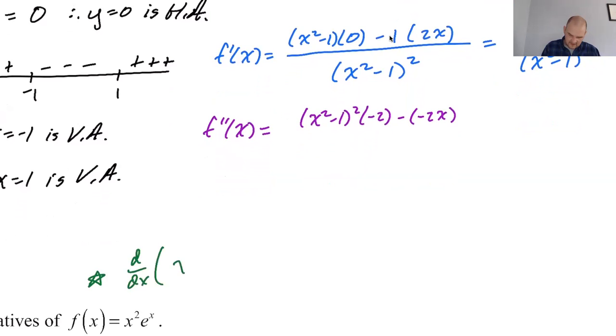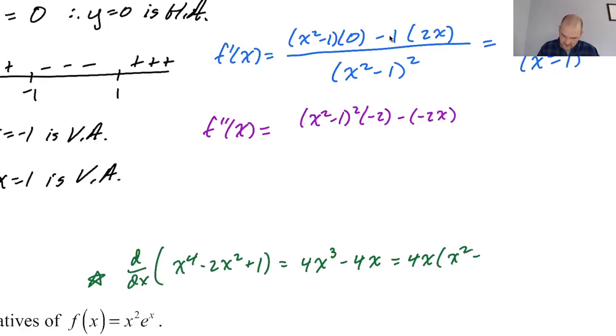So I'm going to expand it. x to the fourth minus 2x squared plus 1 gives 4x cubed minus 4x, which is 4x times, what am I even doing? No, I guess having it in factored form is probably useful. I don't really know. 4x times (x squared minus 1). Maybe there's something we can do with that.